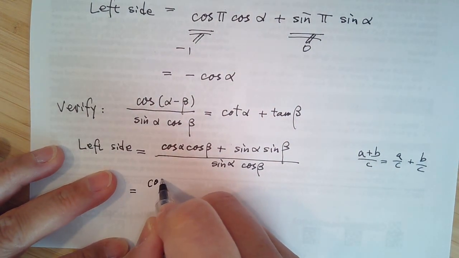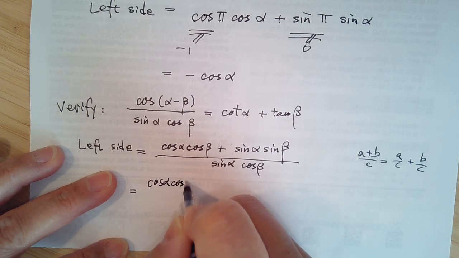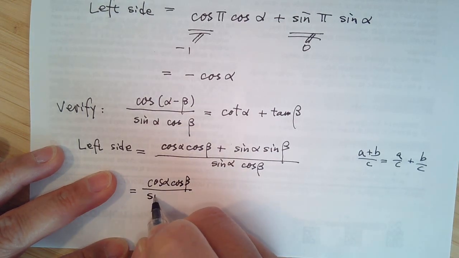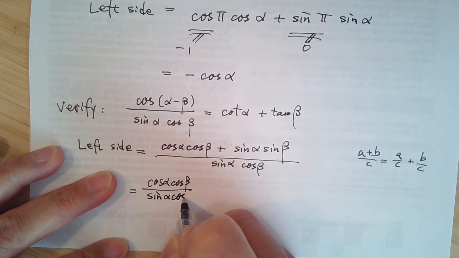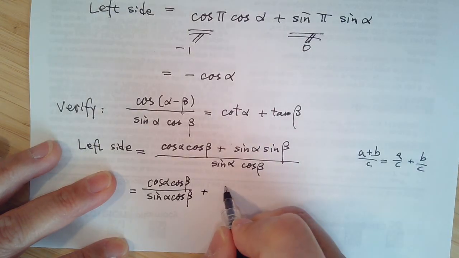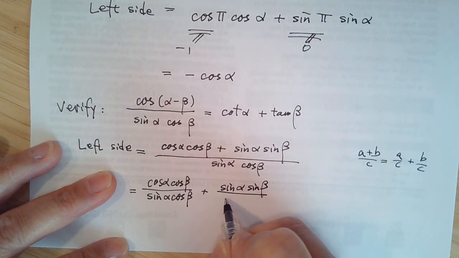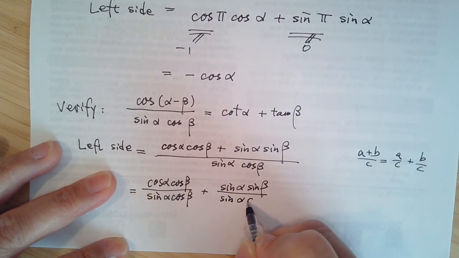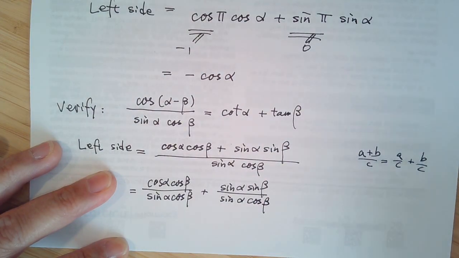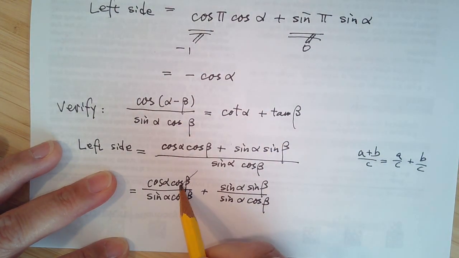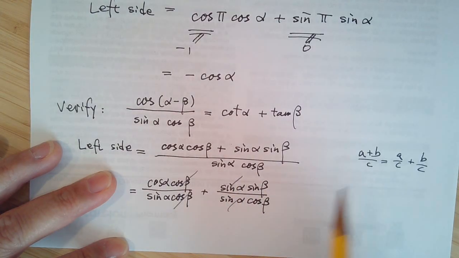So I get cosine alpha cosine beta divided by sine alpha cosine beta, and the other part, sine alpha sine beta over sine alpha cosine beta. Then I'm going to use my pencil to cross out the common factors.